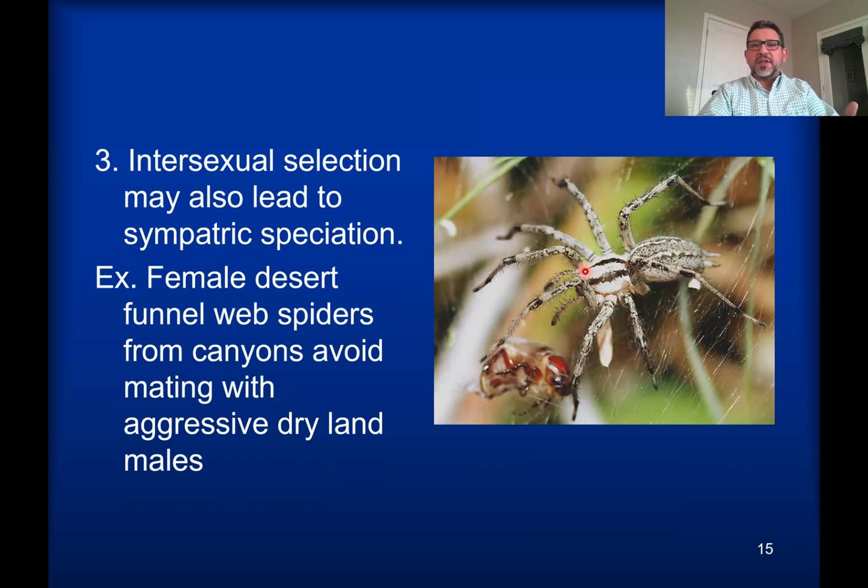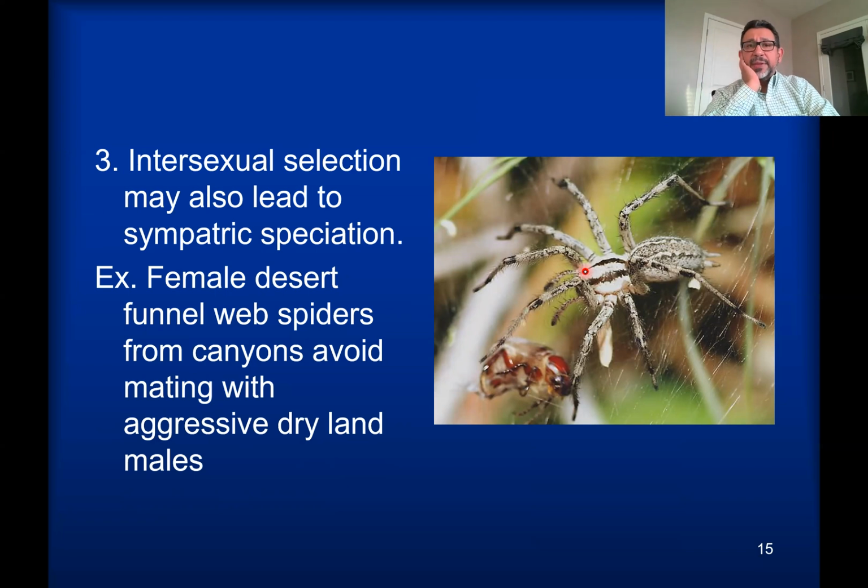She's been doing a lot of studies with these spiders, and she's discovering that the females from the more vegetated part of the desert where you have a creek, those females which are shy, are choosing not to mate with the aggressive males that are moving from the dry, hot part of the desert over to the cooler life in the creek.